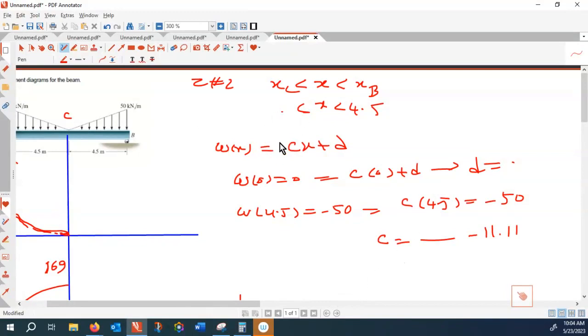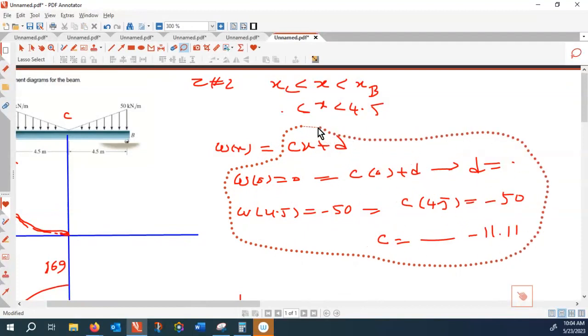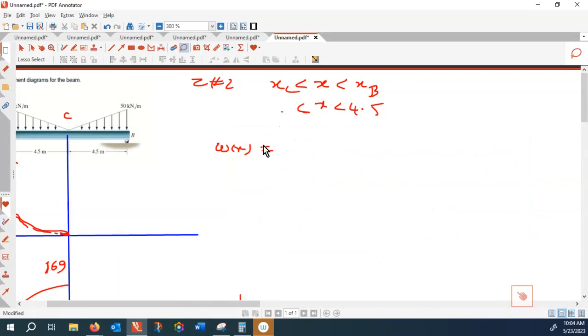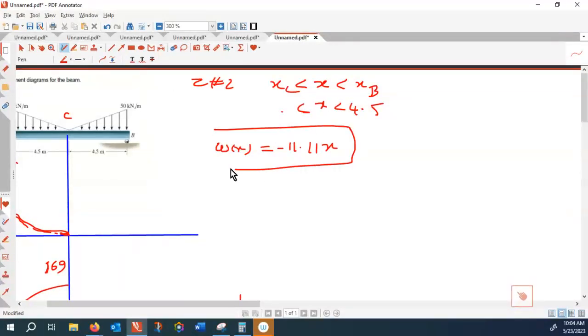So let me summarize the result here. W of x is simply, for the second zone, that is the equation of a line, minus 11.11 x. So how do I check that?